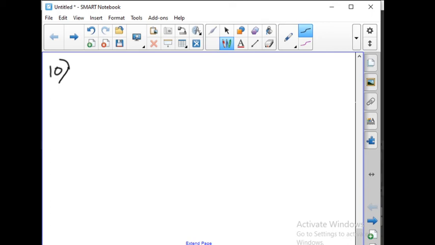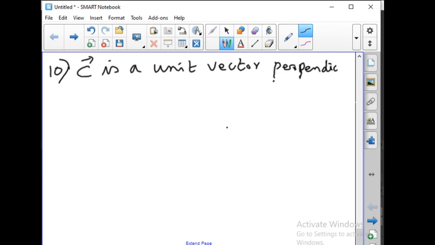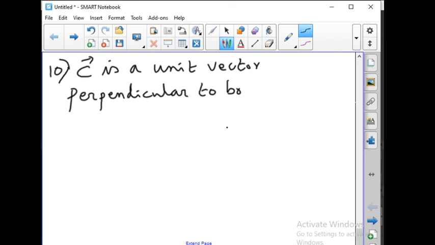So, what is given? C vector is a unit vector perpendicular to both A vector and B vector.